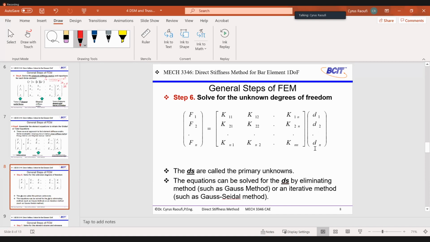D1 all the way to Dn is a boundary condition that you are going to find from the problem. In some cases, those are known. In some cases, those are unknown. On the left side of this equation, we have forces. Those can be applied forces, which are known, or reaction forces, which maybe we don't know.